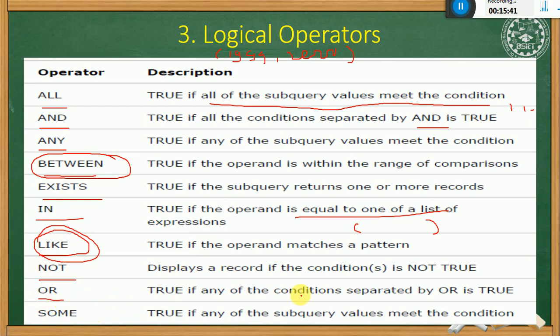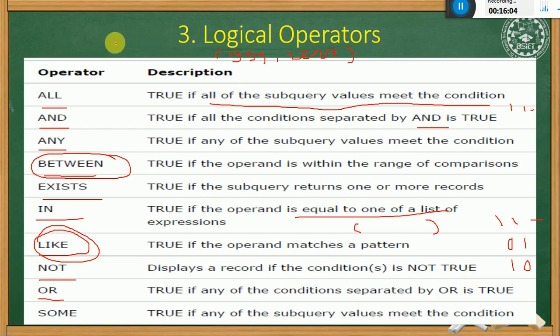Then or means if there is a 0 1, 1 0, 1 1, then the result will be 1. So it returns true when there is at least one true value among the two columns. Or means either or.